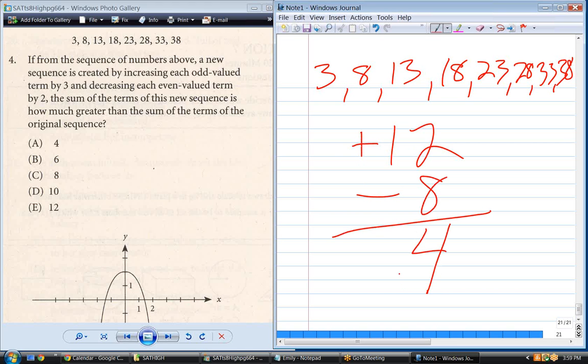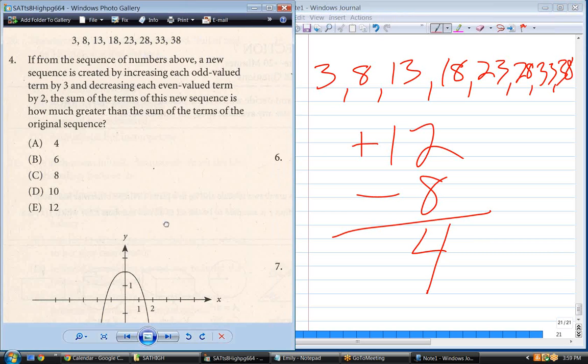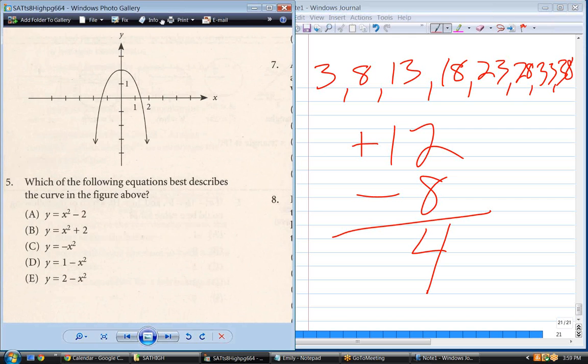Very good. Definitely the quick way to do that, as opposed to the very slow way, which would be to actually add 3 to each of the odd terms, sum up that sequence, and compare it with this sequence. I like the way you did it much better.